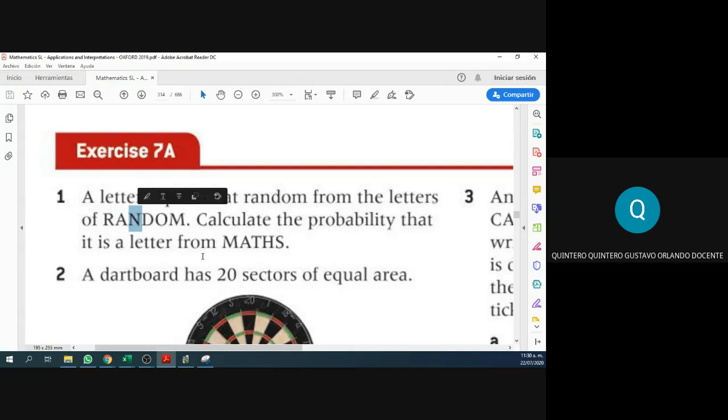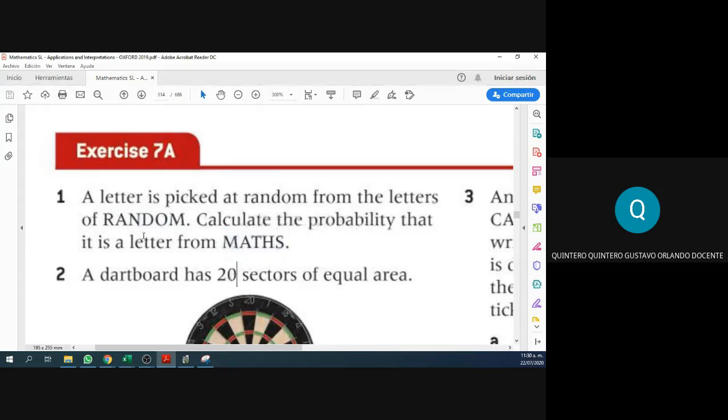N, successful or not? No, cool. How about D? Successful or not? No, right? Okay, how about O? Doesn't appear in the word maths, so it's not successful. And how about M? All right, M is successful, right? It is in the word maths.